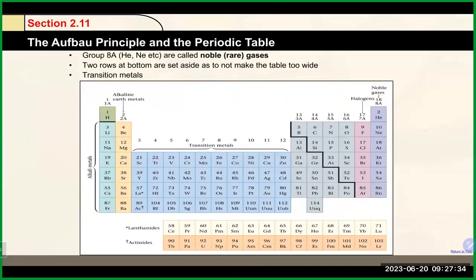Now, the 2 rows, as I mentioned before, sometimes referred to as the lanthanides and actinides. And once again, if you follow the atomic numbering, that is really where those 2 guys should fit in. Between group 2 and group 3, as we were talking about right here, is our transition metals.